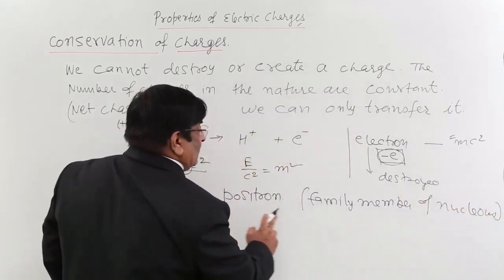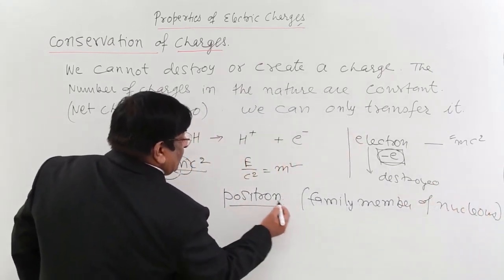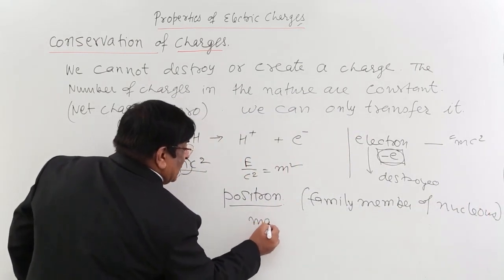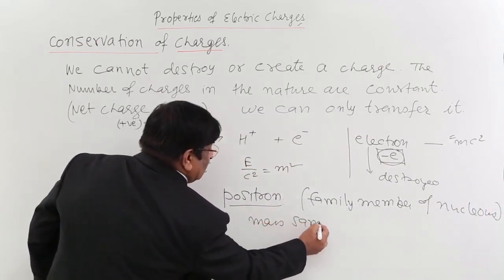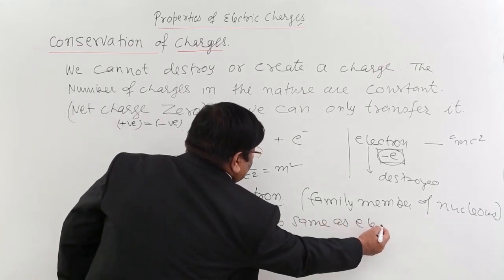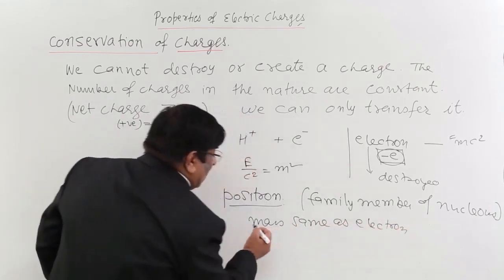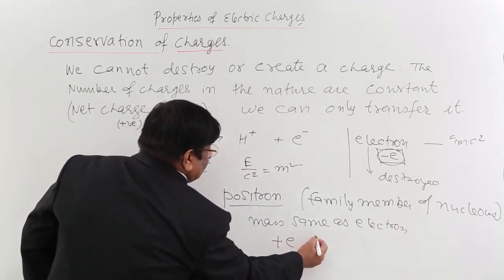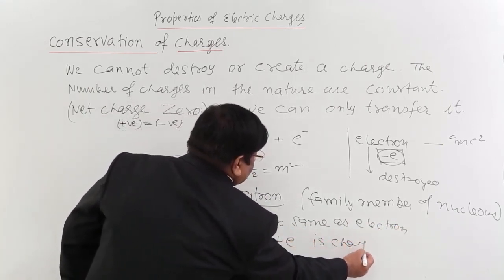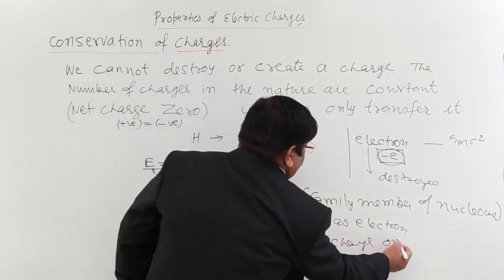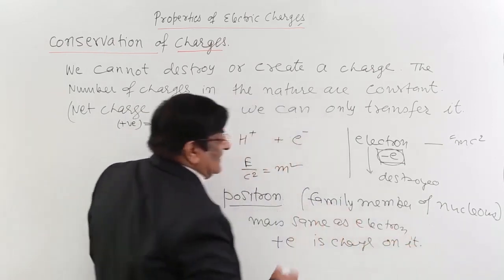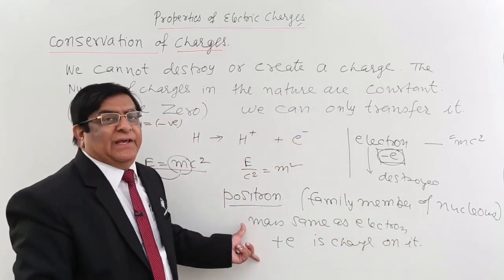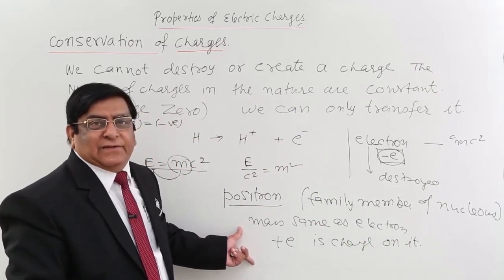Okay, then the positron. Its mass is the same as the electron, and it carries a charge, that is plus e is the charge on it. But we have never seen it taking part in any chemical reaction or anything.